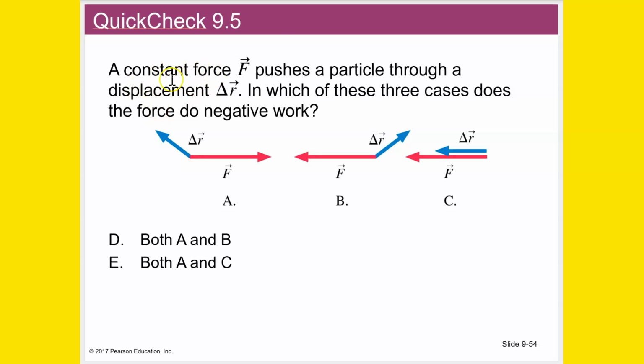All right, 9.5, quick check. A constant force F pushes a particle through a displacement delta R. In which of these three cases does the force do negative work?